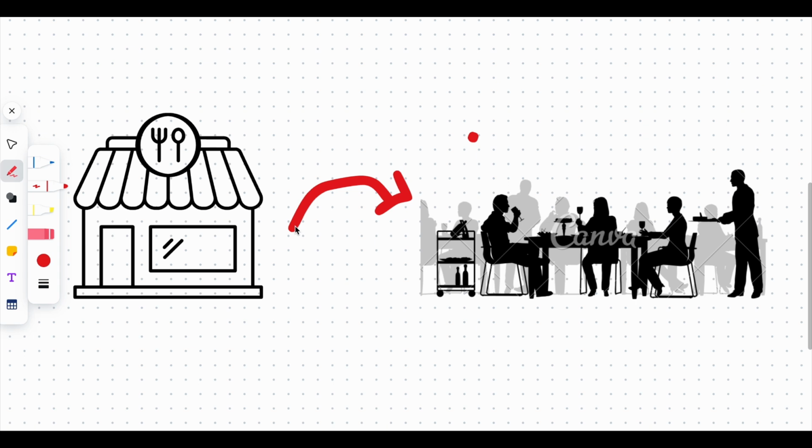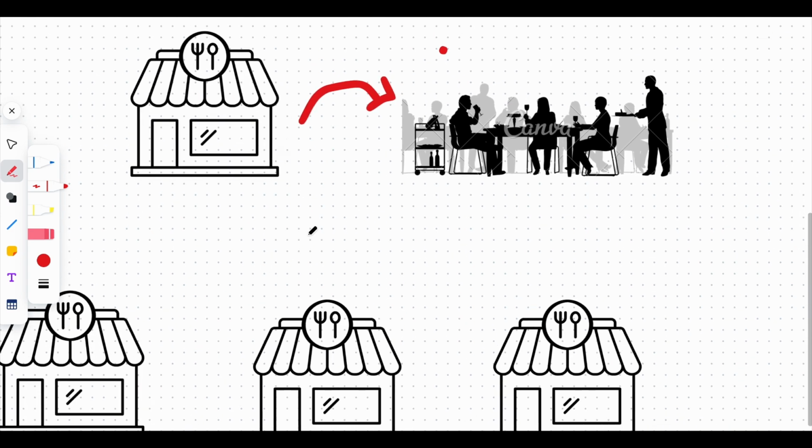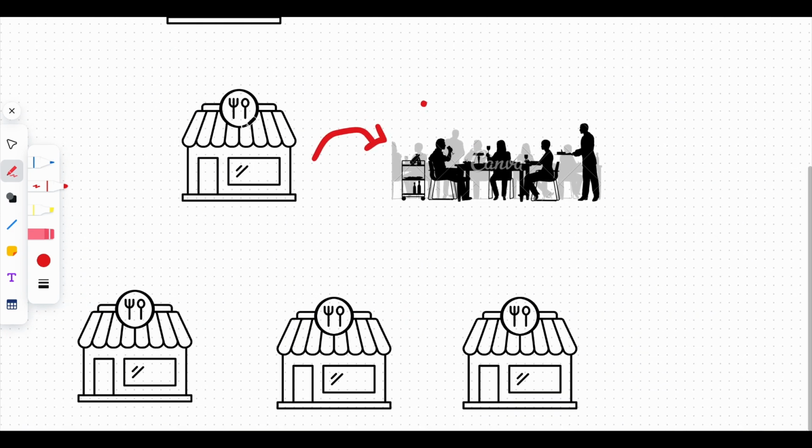You decide to open multiple branches at different possible locations, right? These are the types of scaling we'll be talking about when it comes to our servers. One way is to increase the capacity of your existing restaurant or existing server, and the other way is to deploy multiple restaurants or multiple servers.